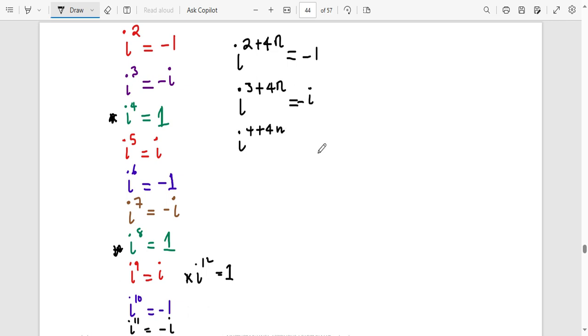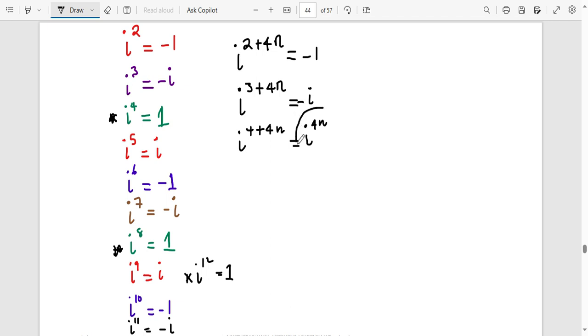But do you notice that it is the same as me just multiplying by n, 4n? Look at this. If n is 1, we are going to have i to the power 4, right?